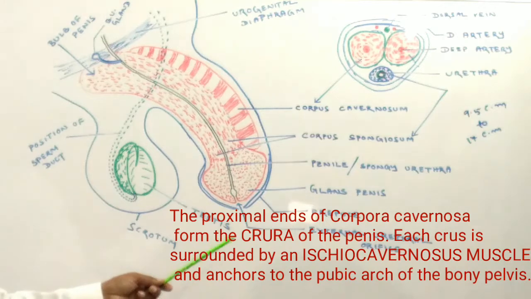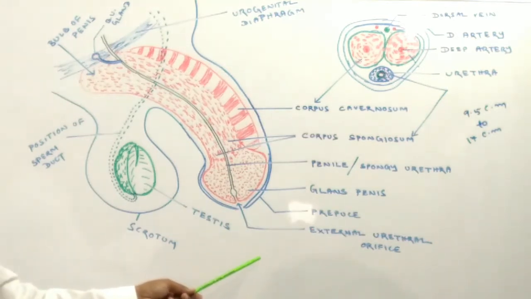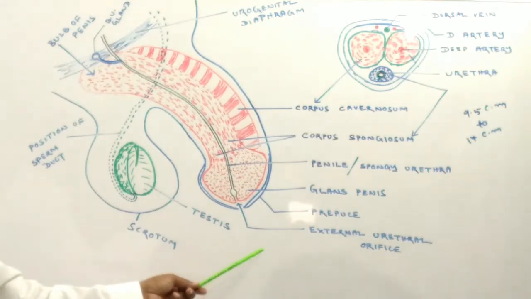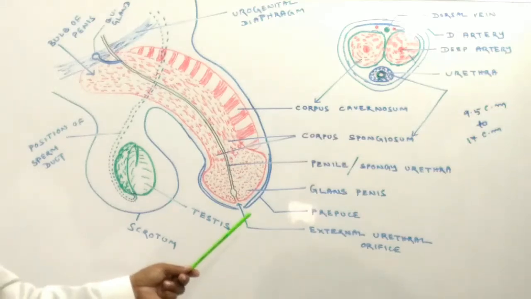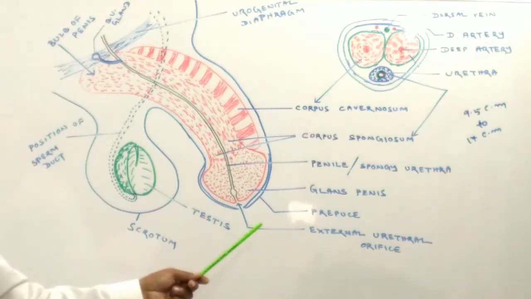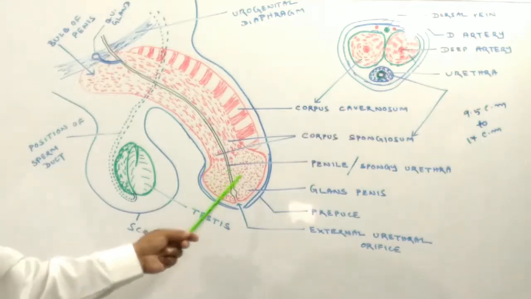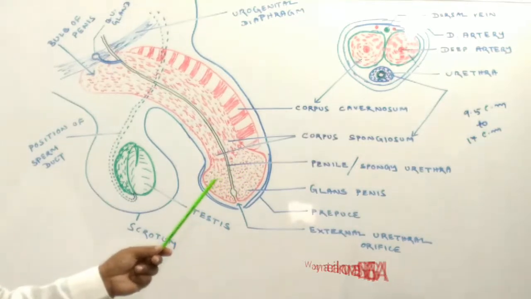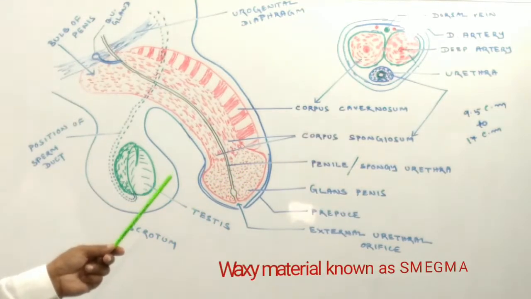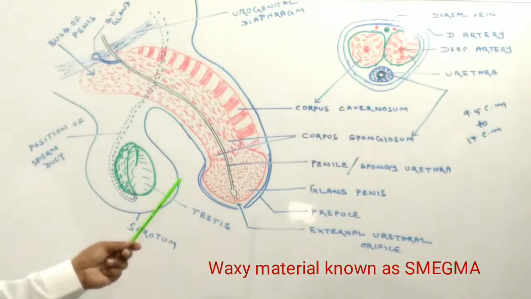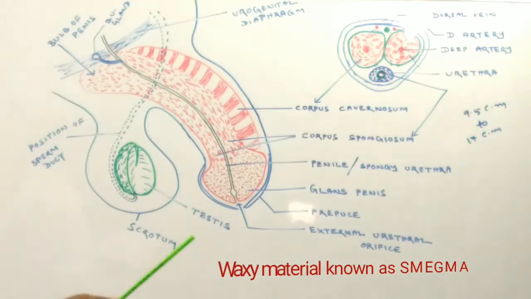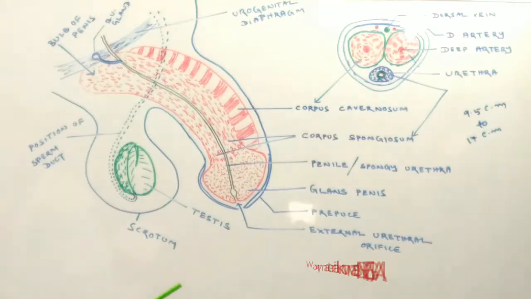There are no hair follicles on the opposing surfaces, but preputial glands in the skin of the neck and the inner surface of the prepuce secrete a waxy material known as smegma. Smegma is an excellent nutrient source for bacteria, and mild inflammation and infection in this region are common.